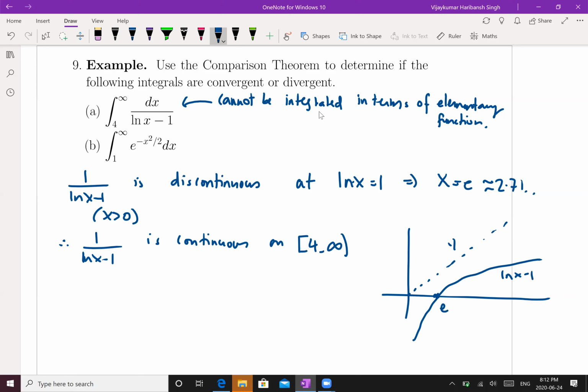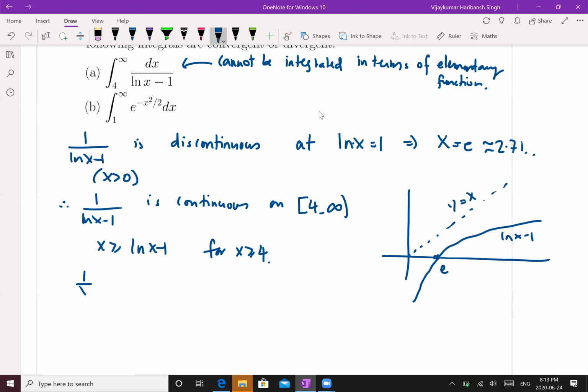This function is smaller than y equals x. So if you take 1 over that, you will see that x is greater than or equal to ln x minus 1 for x greater than or equal to 4. So 1 over x is going to be less than or equal to 1 upon ln x minus 1 on 4 to infinity.